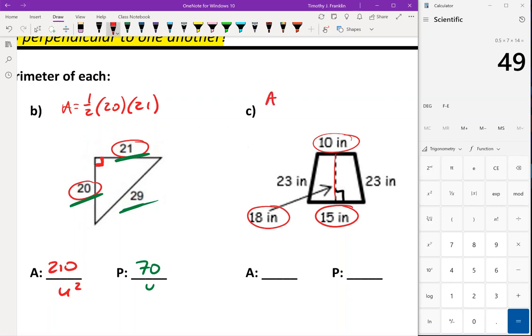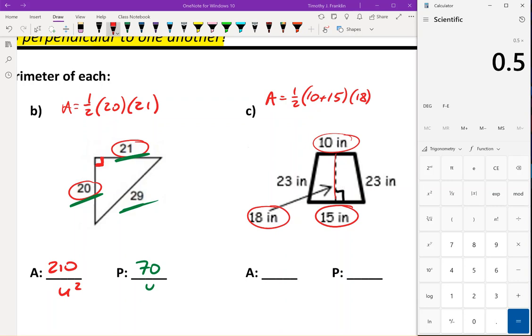So our area is going to be 1/2 times 10 plus 15, which is 25, and then times 18. 1/2 bases times height. So 0.5 times 10 plus 15 is 25 times 18 gives us 225 inches squared for the area.